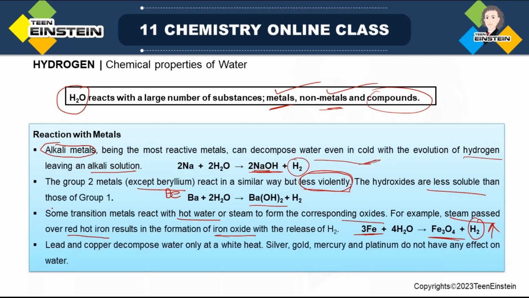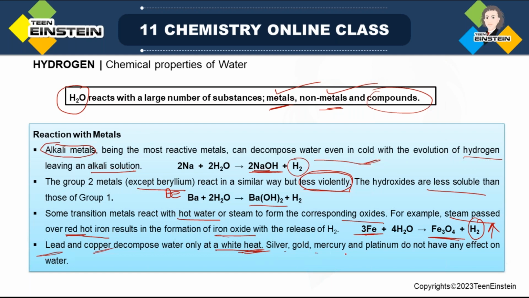Then for other transition metals, lead and copper, they decompose water only at white heat. See, iron is comparatively reactive, so when it is red hot, the temperature is obviously high, but not like white heat, because white heat is a higher temperature. So for lead and copper, if you want a reaction, you have to provide this high temperature.